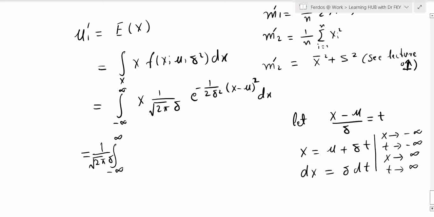You can write x as mu plus sigma t, because (x minus mu) divided by sigma, whole square, will become t square. So this is e power minus 1 divided by 2 t square, and now dx is equal to sigma dt.